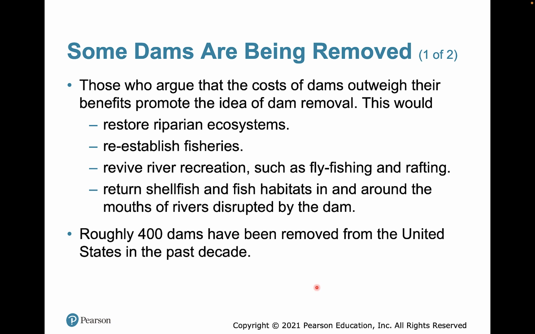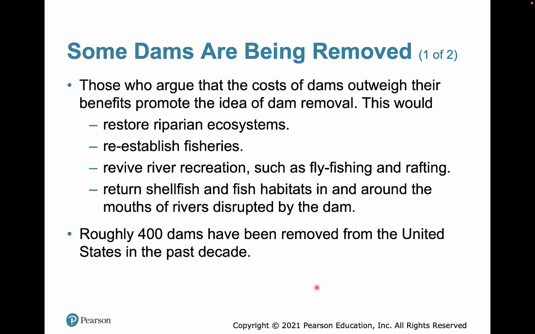What we've seen really is that there's a shift towards dam removal, that removing dams winds up restoring those riparian or riverside ecosystems. You get better fisheries. You wind up with river recreation rather than reservoir recreation.